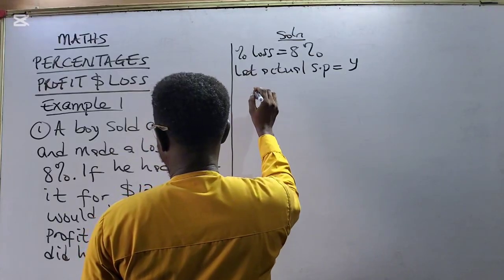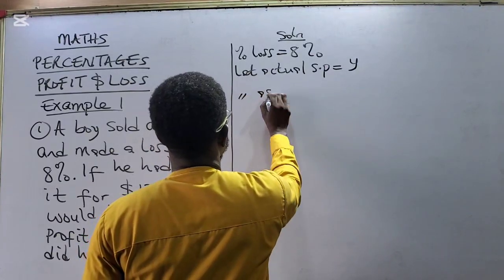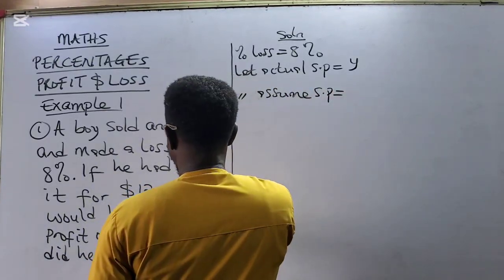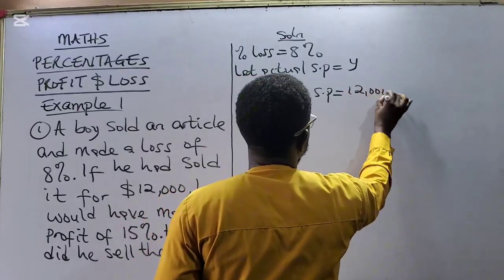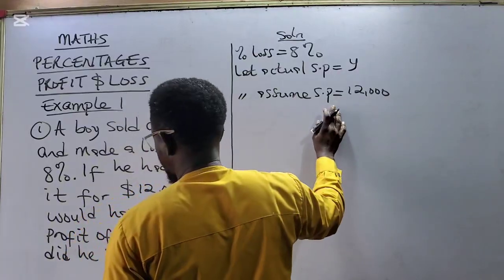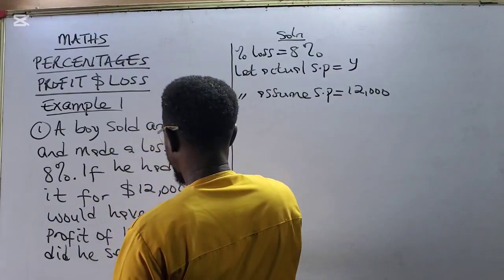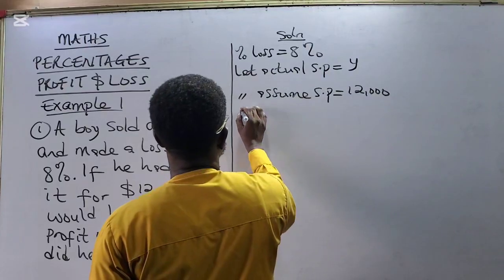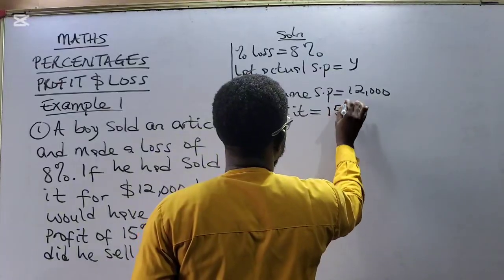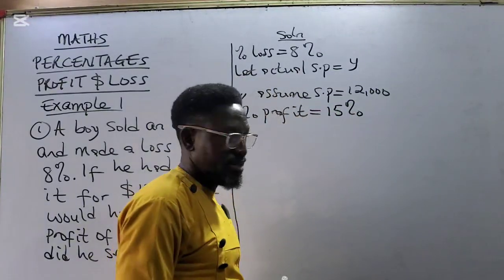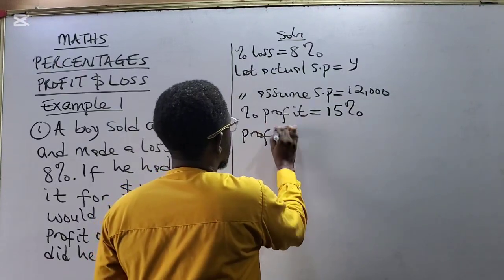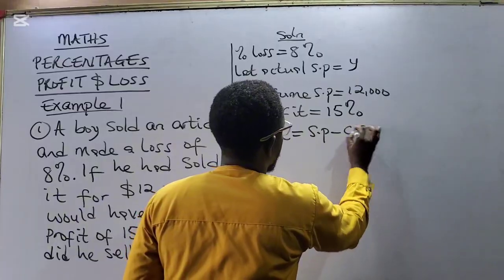So let's assume the selling price now is 12,000. If you had sold it for this, you would have made a profit of 15%. So now let's calculate the cost price. Remember, profit is selling price minus cost price.